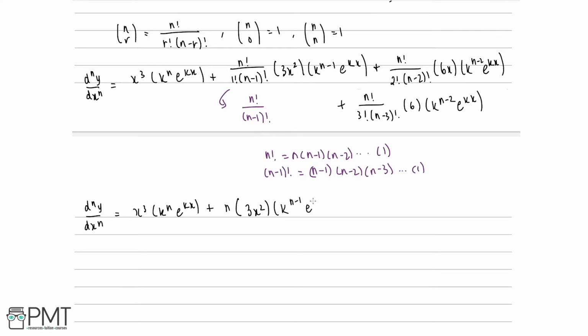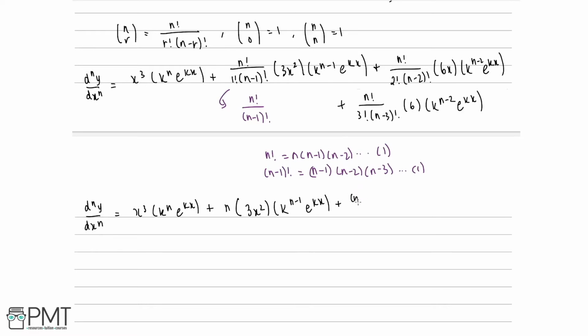times k to the power of n minus 1 multiplied by e to the power of kx plus, well, we can apply the same logic we used in order to find n factorial over n minus 1 factorial. In order to solve n factorial over n minus 2 factorial, n factorial divided by n minus 2 factorial will cancel all of the terms except for n and n minus 1.